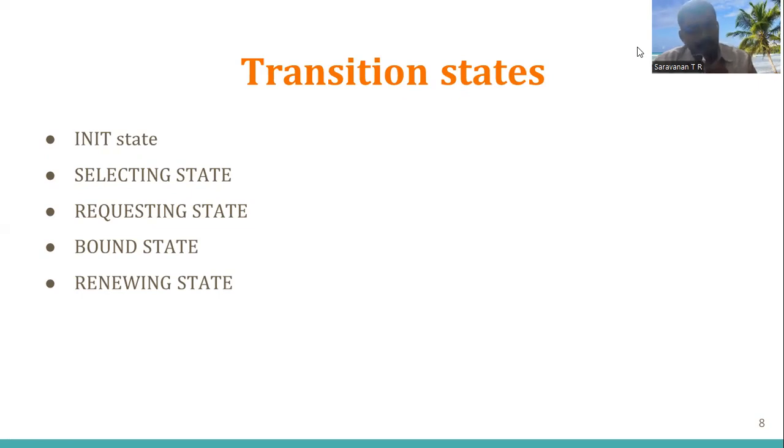Bound state. Bound state is nothing but the client holding the IP address until the lease expires. The time is provided in the DHCP offer, and until the time expires, it will be called the bound state.